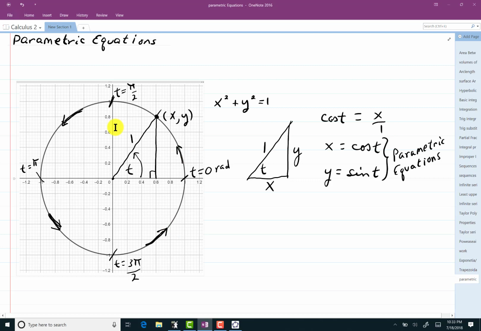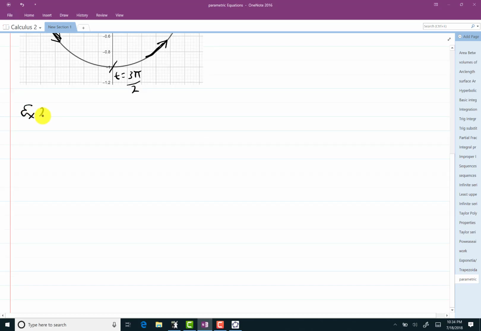Where you're going from where you're at is important. So if we start at 0, the arrow tells me to proceed in this fashion, counterclockwise. You'll need to keep track of how things are drawn and whether they go left, right, up, down, or whatever, depending on what t does. I'm going to call that first thing I did example 1.